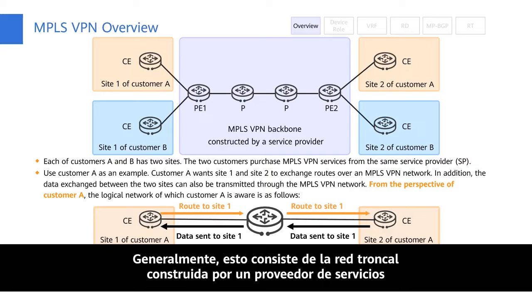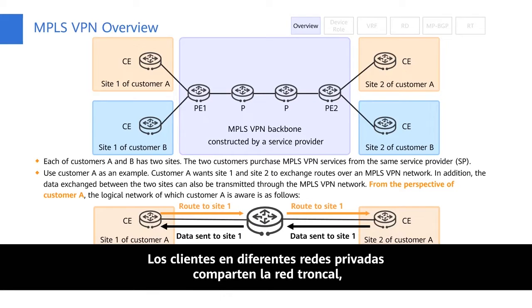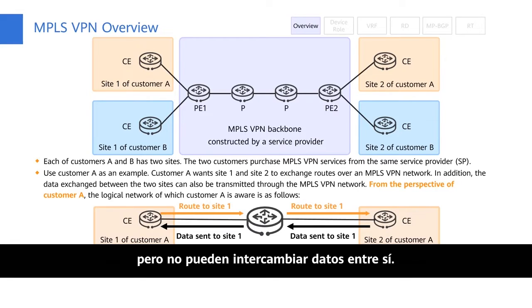Generally, this consists of the backbone network built by a service provider and a network built by a customer. The former is also called a public network, and the latter is a private network. Customers on different private networks share the backbone network, but are unable to exchange data with one another.